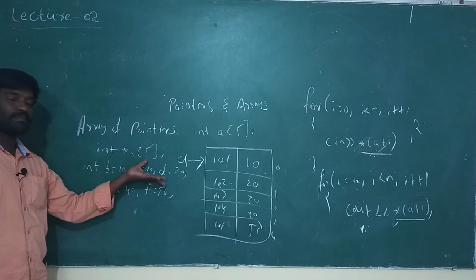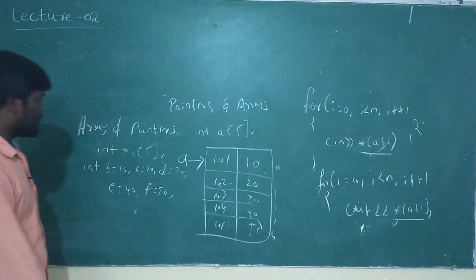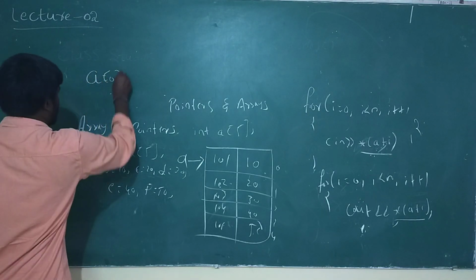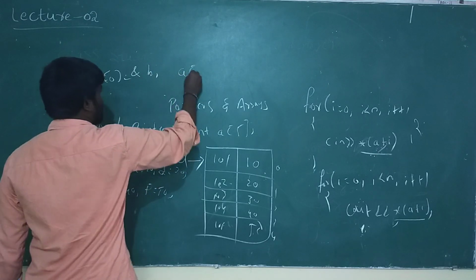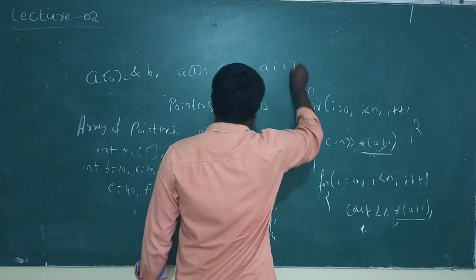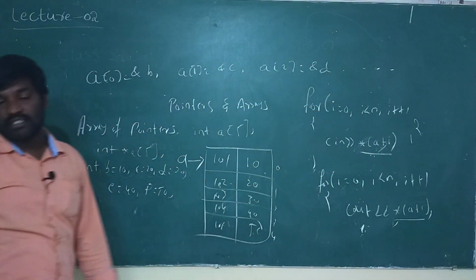Because the maximum capacity is 5. Next, the first position is a of 0. a of 0 is equal to address of b. a of 1 is equal to address of c. a of 2 is equal to address of d, like this. Like this we can initialize.